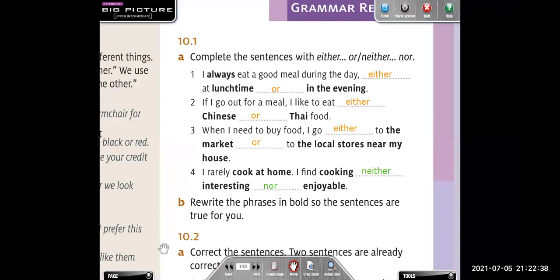Diego, tell me please, what are your examples, your sentences? If I go out for a meal, I don't like to eat neither Chinese nor Thai food. Okay, I don't like to eat neither Chinese or Thai food. Very good sentence. Daniela?